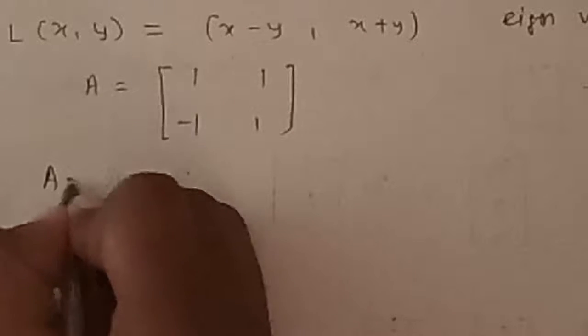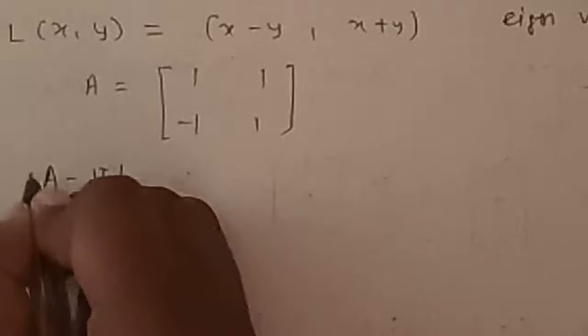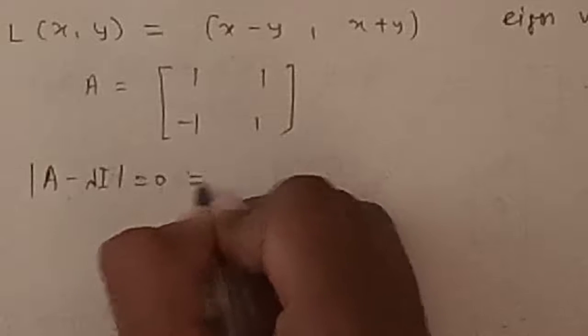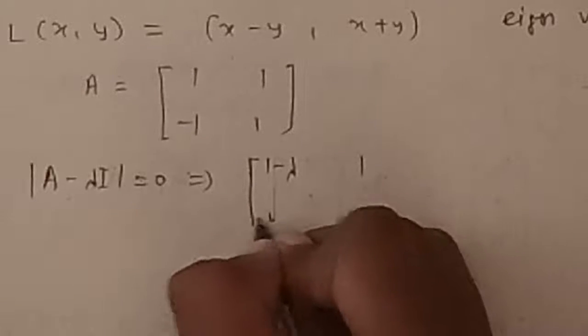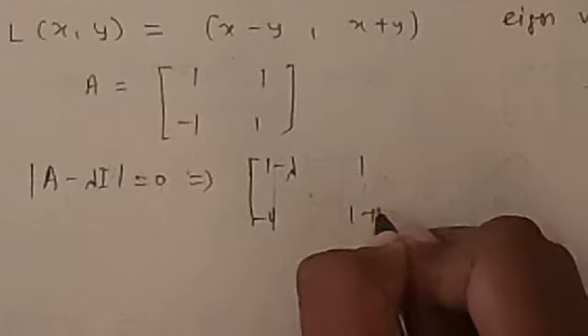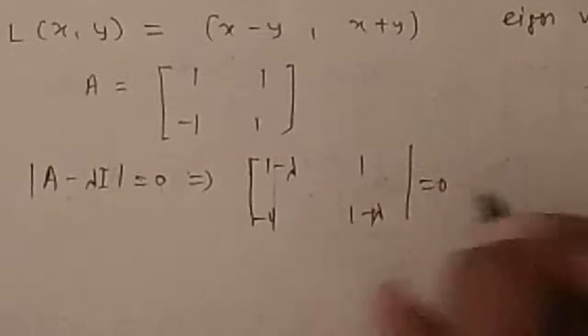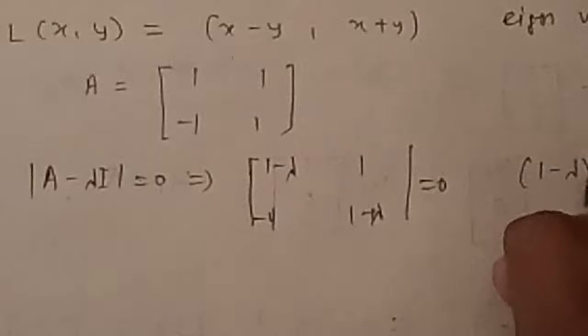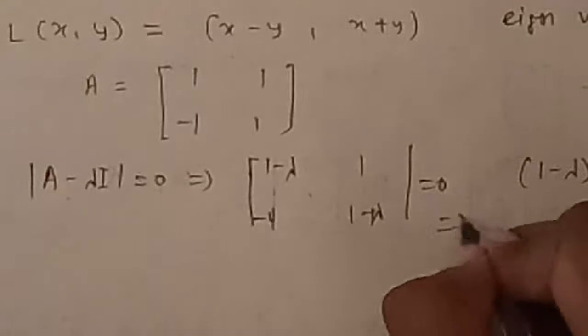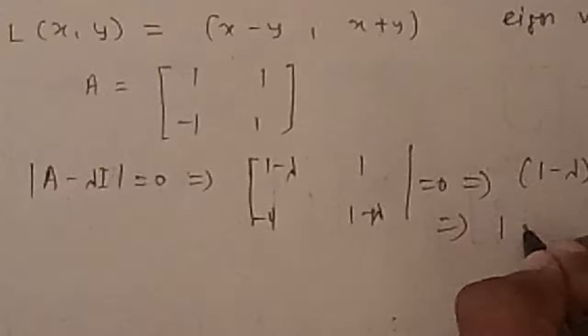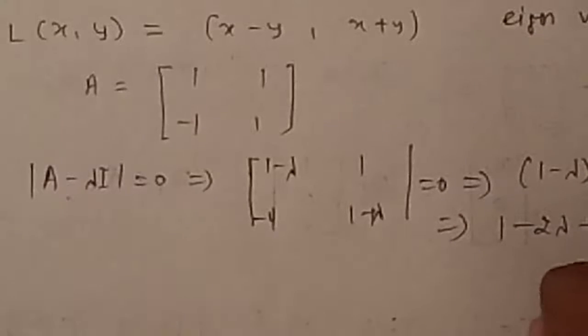So determinant of A minus lambda I is equal to 0. This implies determinant of 1 minus lambda, minus 1, 1, 1 minus lambda is equal to 0. This implies (1 minus lambda) square minus minus 1, which becomes plus 1, is equal to 0. On solving this we will get 1 minus 2 lambda plus lambda square plus 1 is equal to 0.